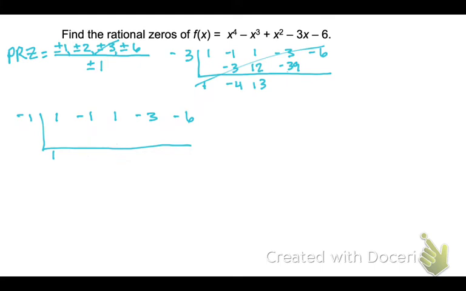So this would be negative 2, 2, 3, negative 3, negative 6, 6. Did it work? Yeah. So we know that x equals negative 1 is one of them, right?